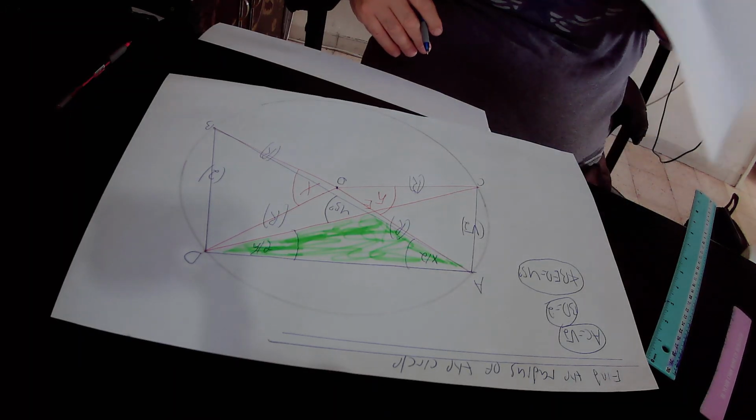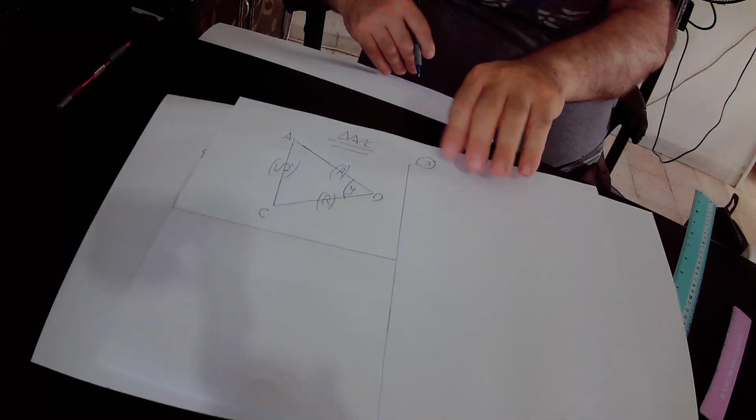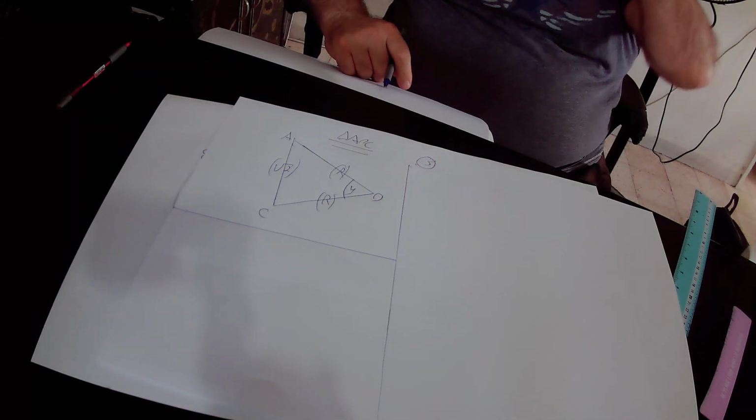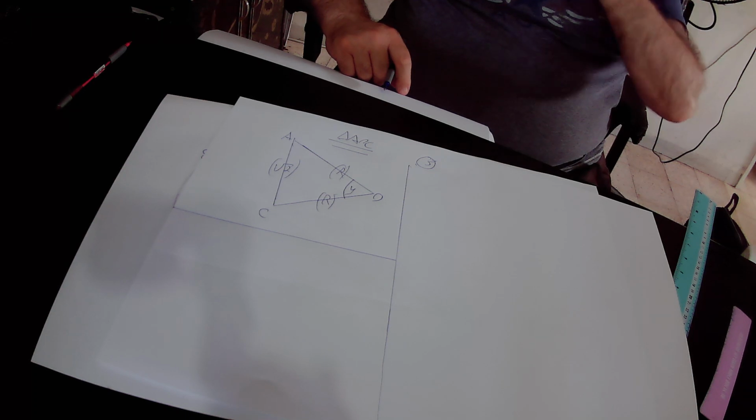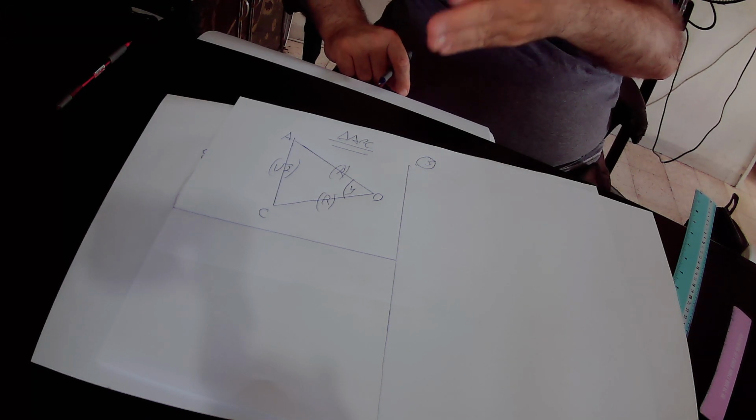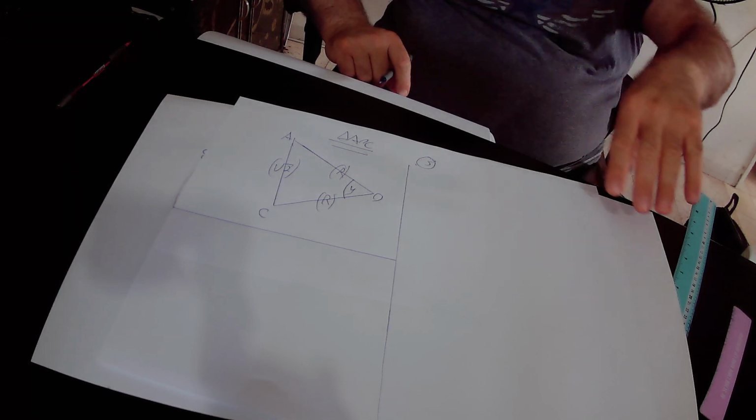So actually, this is triangle AOC, this is the correct original drawing. So the next step, we'll implement the law of cosines in this triangle AOC.